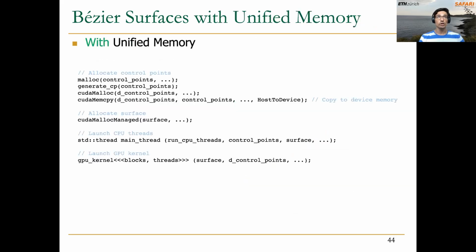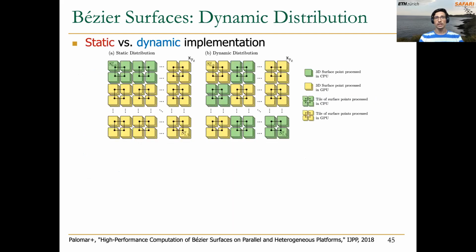If we have unified memory, programming is easier because we don't have to take care of data transfers, for example. The unified memory also allows us to have a dynamic implementation where the distribution of the tiles over the CPU threads and the GPU threads is done dynamically.